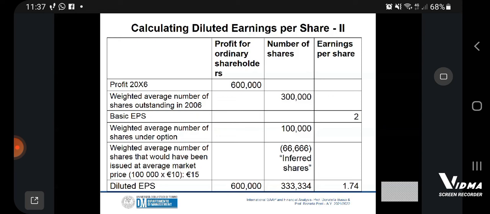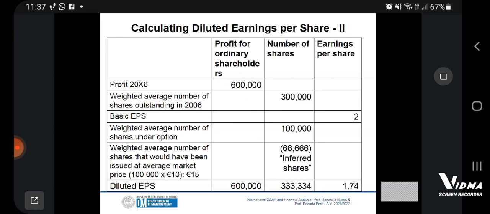We follow the calculation of a number of inferred shares: the number of shares that I would have issued to raise the same amount of money if I had followed the market price. Again, how it is calculated: divide the proceeds from the sale of options by the regular market price, and you have the number of inferred shares.